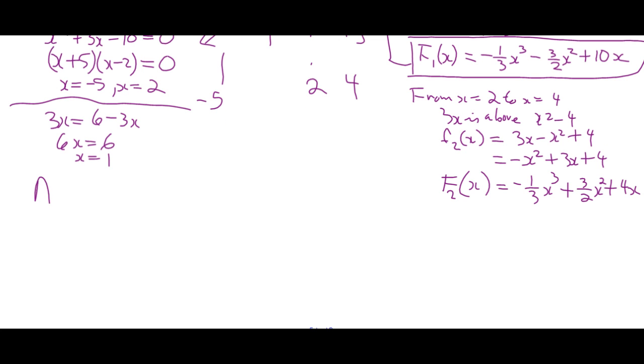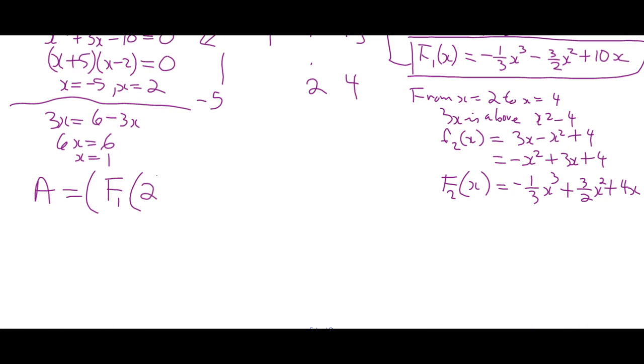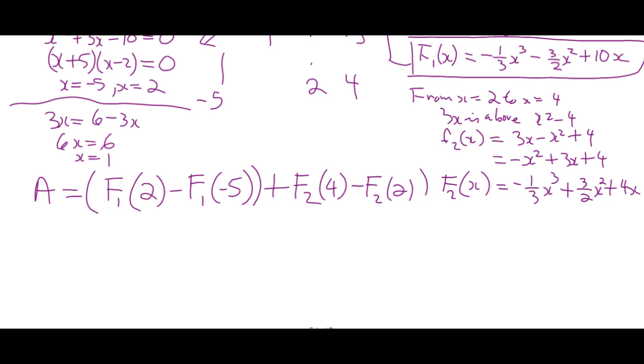All right, so our area is equal to, now we don't have to do absolute values, right? So the first area is F1, where was it going from? 2 down to negative 5, so F1 of 2 plus the second area, so F2, and that was from 4 to 2. All right, and I changed the question from what I worked out.